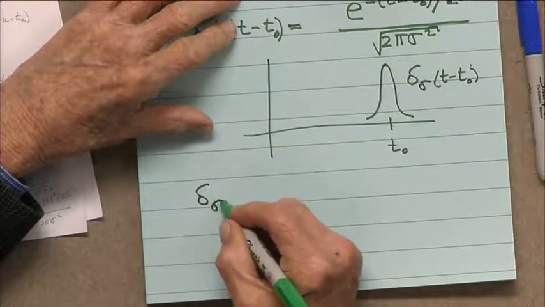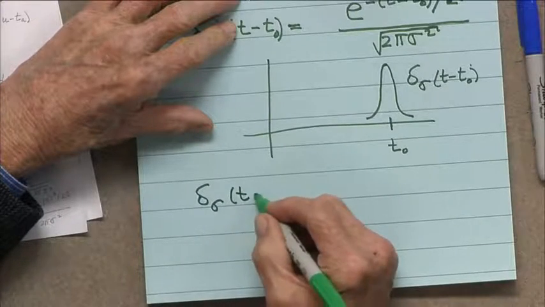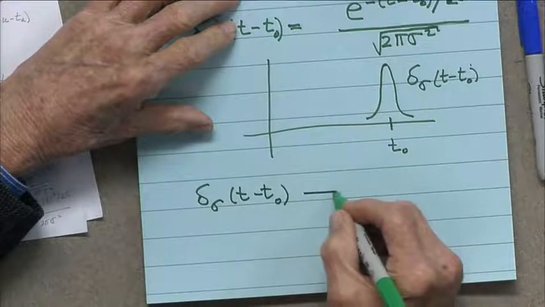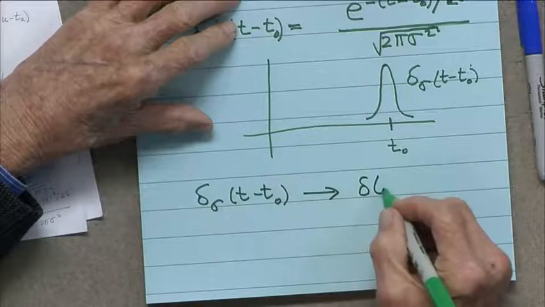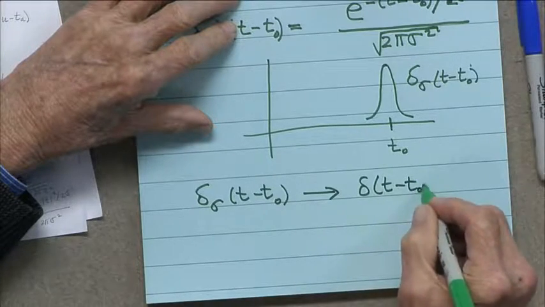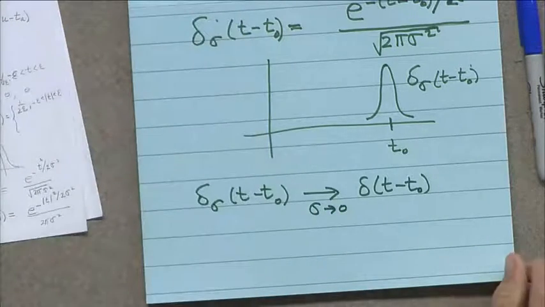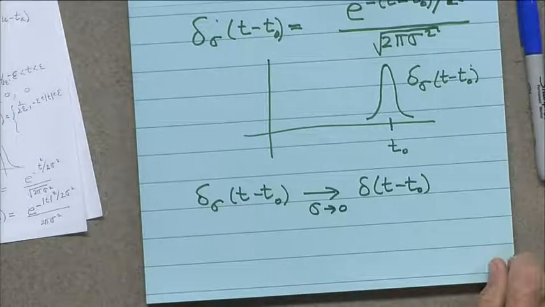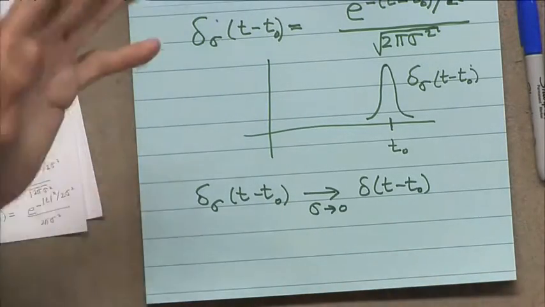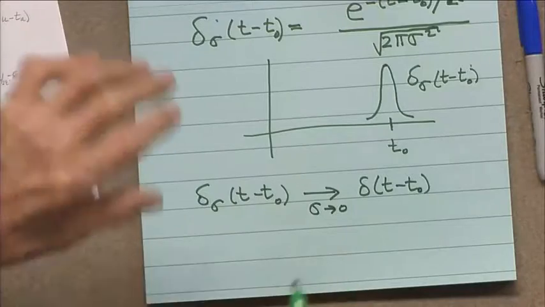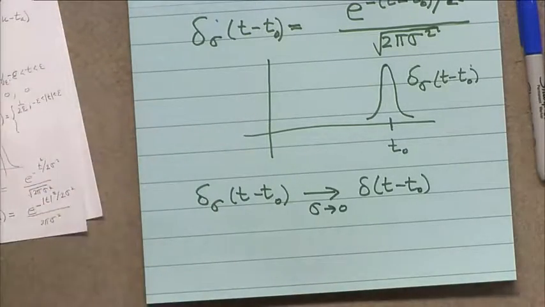Delta sigma of the absolute value of t minus t0 goes to the absolute value delta of t minus t0 as sigma goes to 0. So it's just a matter of whether you want to take the integral of the limit or the limit of the integral.